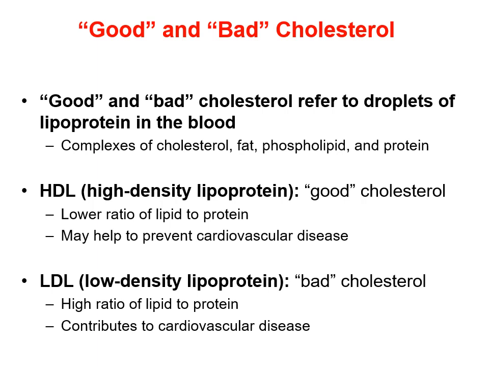Now you have high density lipoprotein, which is considered good cholesterol because it has a lower ratio of lipid to protein. Now, low density lipoprotein is considered bad because it has really high concentration of fat compared to protein. So LDL is a major contributor to cardiovascular disease.